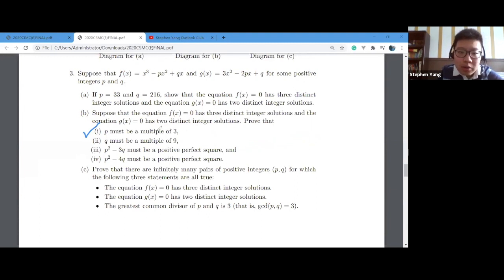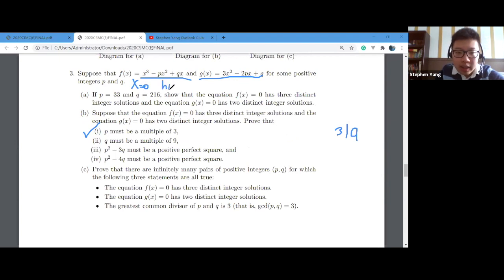So now for q. First, by Vieta's formula again in g, x1 multiplied by x2 is equal to q over 3, which means q is a multiple of 3. And then use Vieta's formula again in f. One of the roots of f is x equal to 0.